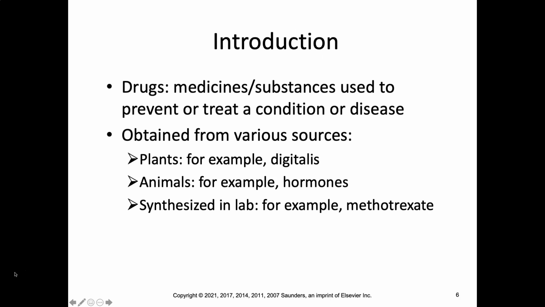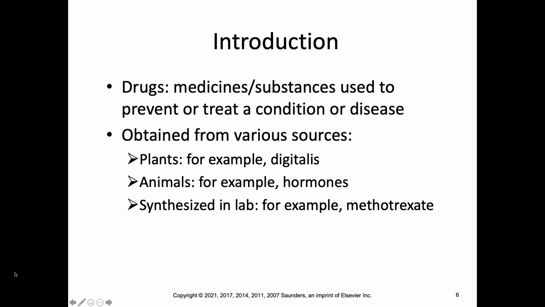Drugs are medicines or substances that are used to prevent or treat a condition or disease, and these are obtained from various sources: plants, animals, and made in the labs. A lot of what they have discovered with plants and trees, they've gone back hundreds of years and found out what people used to use effectively to treat illness, and have found that they can sometimes find those substances now and turn those into drugs.